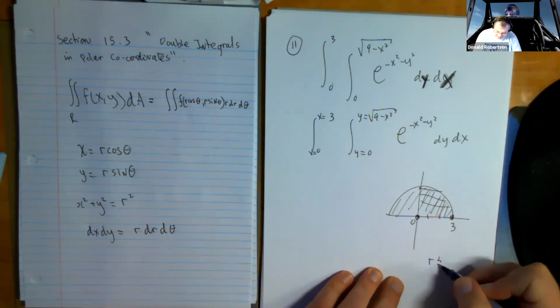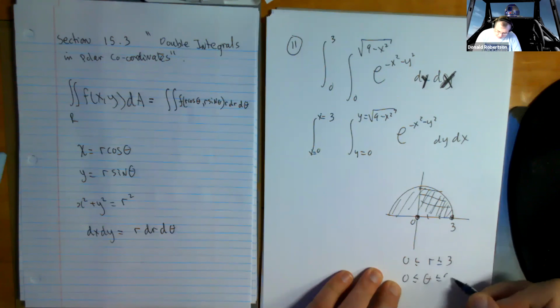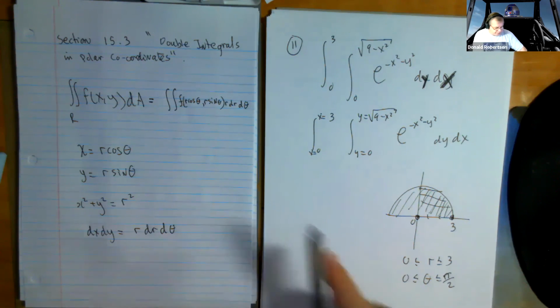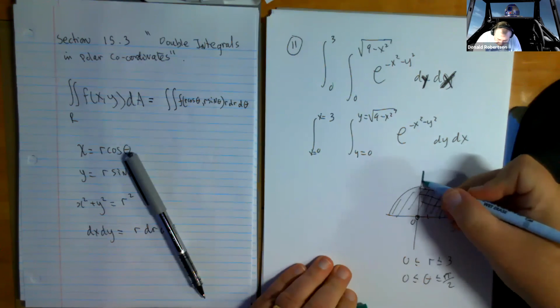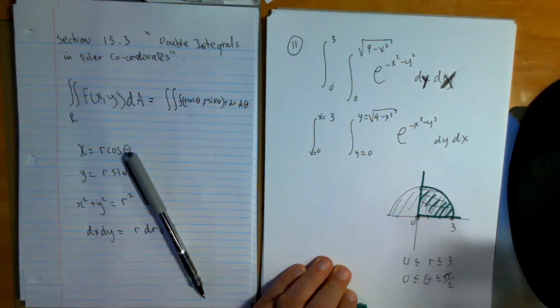So that gives me 0 to 3 on the r's and 0 to pi upon 2. That's the region, right?